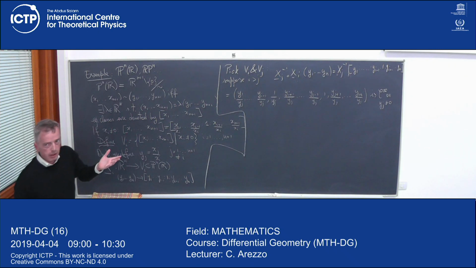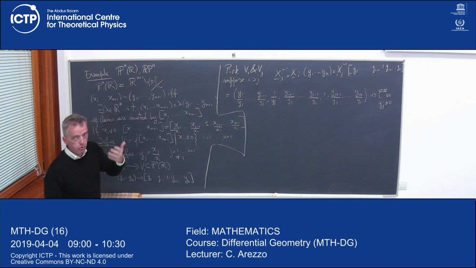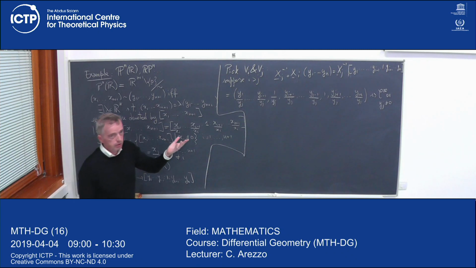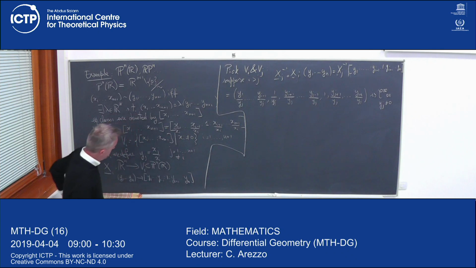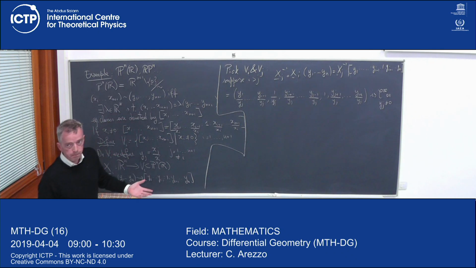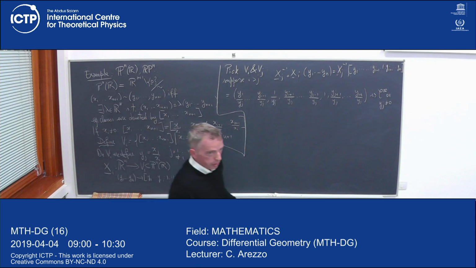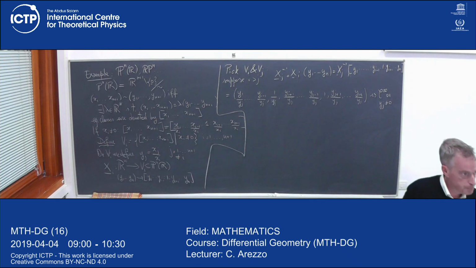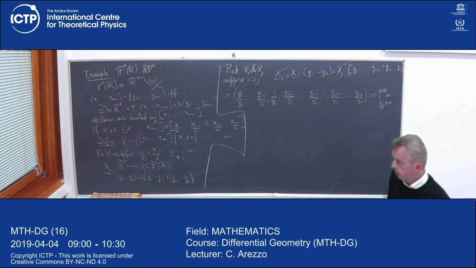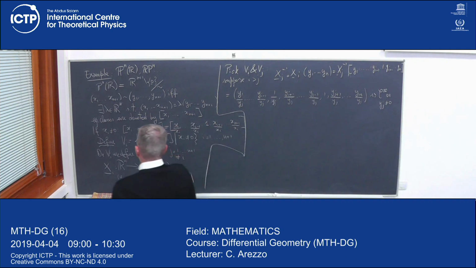You can convince yourself in a second, because the topology induced by the differentiable structure is the one which makes these maps open, which is an equivalent way to describe the quotient topology. I assume you are all familiar with the projective space. Very well.